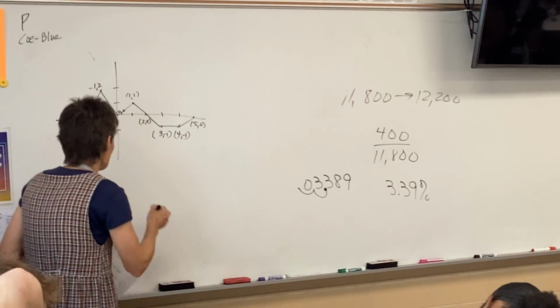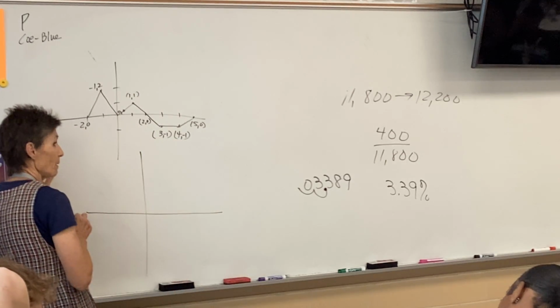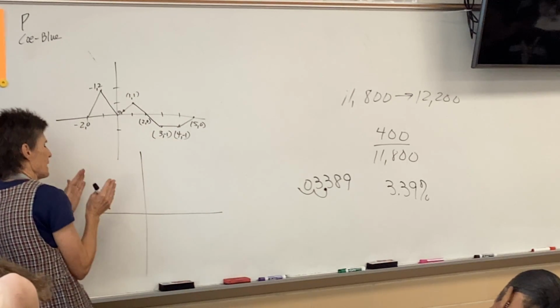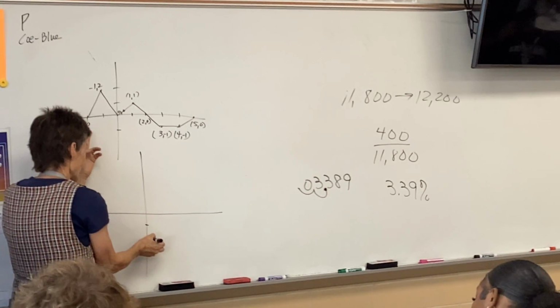Now, we're gonna sketch the inverse. So I'm simply gonna take each ordered pair. I'm not gonna do anything tricky. I'm gonna take each ordered pair and put it. So this is gonna be 0, -2.